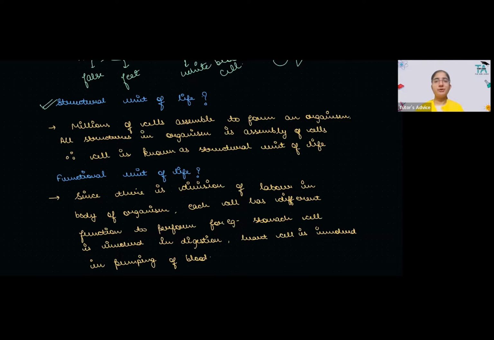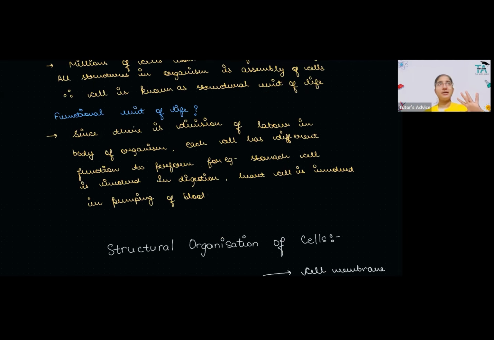Coming to the functional unit of life, why do we call it the functional unit of life? Functional unit means it is capable of performing different functions. If you look at your body only, we have skin cells, which secrete sebum, which is going to protect our body. Then we have heart cells, which pump the blood, also known as cardiac cells.